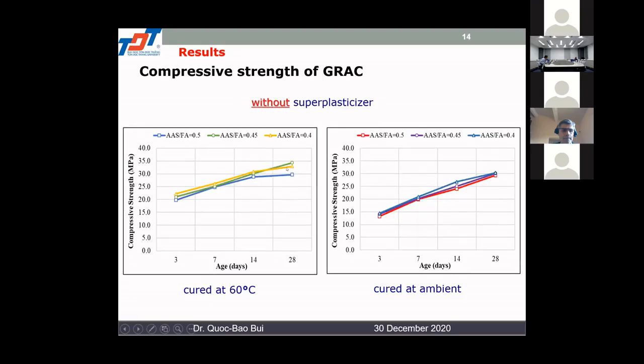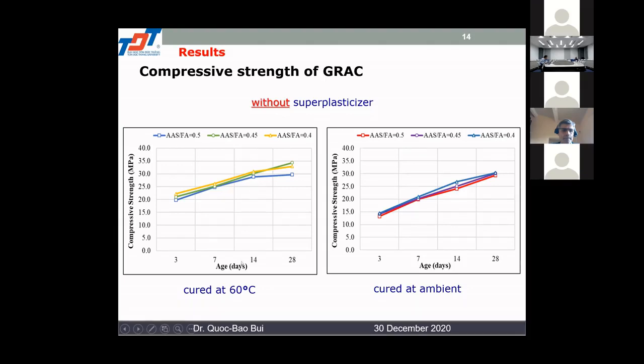And we will see now the case without superplasticizer, and we see also the ratio 0.4 is relatively the best one. Not always, but in general, this is the best one.